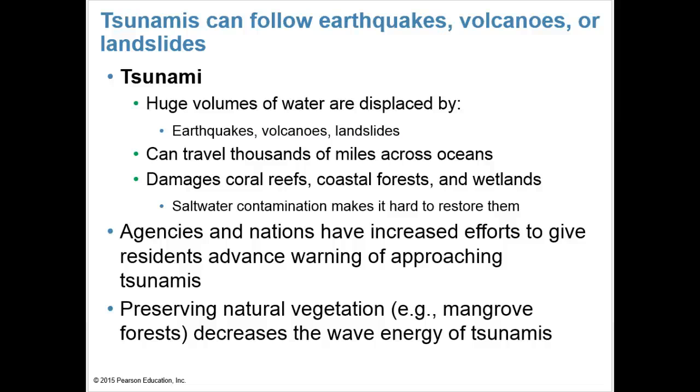They can also damage wetlands as well because of the saltwater contamination. Agencies and nations have increased efforts to give residents advanced warnings of these approaching tsunamis. Preserving natural vegetation like mangrove forests decreases the wave energy of tsunamis.